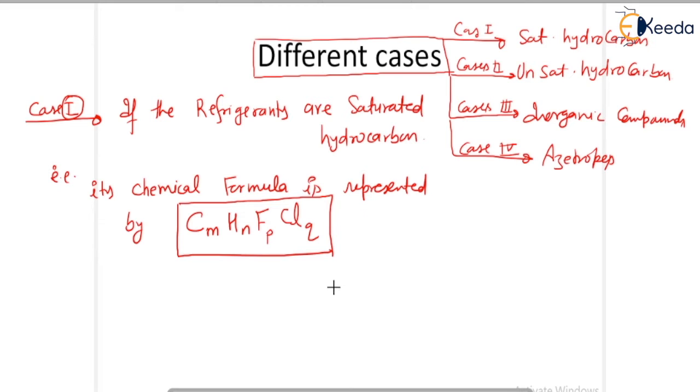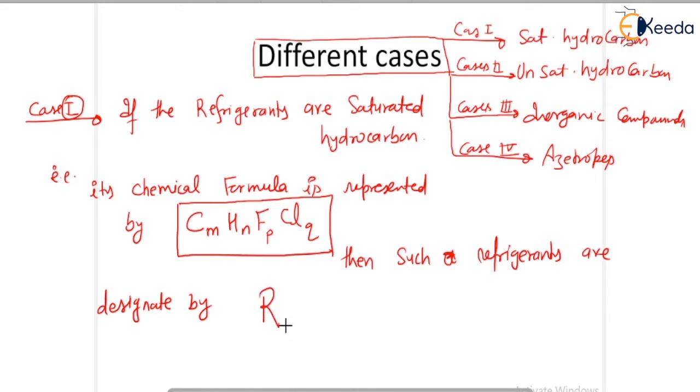Then such a refrigerant is designated by R followed in brackets by (m minus 1)(n plus 1)(p), where n plus p plus q is equal to 2m plus 2.